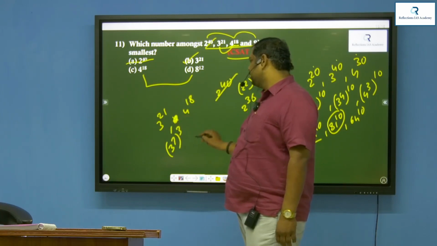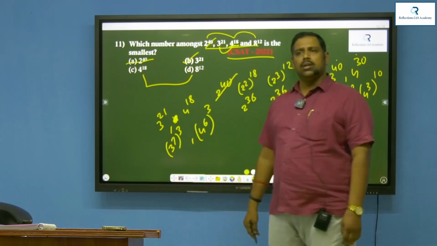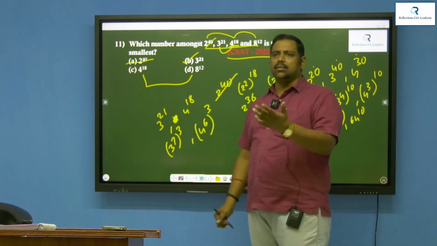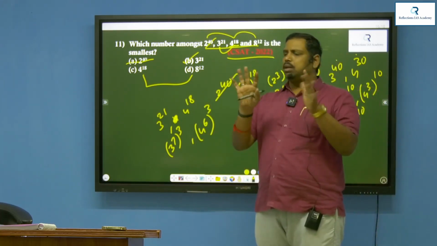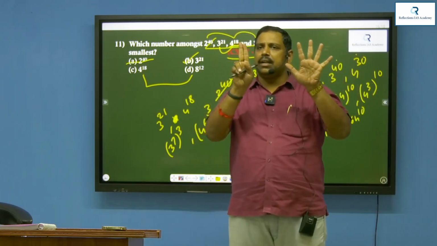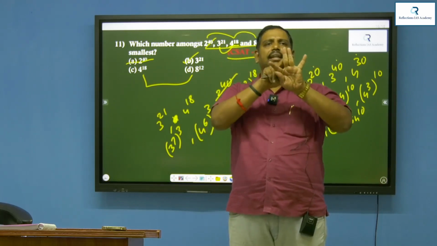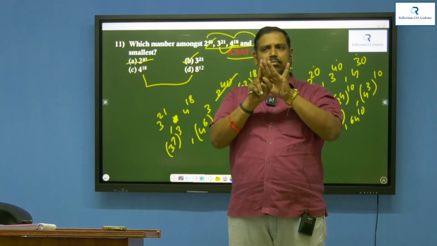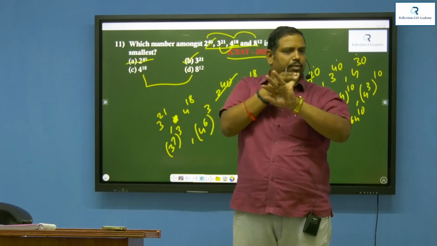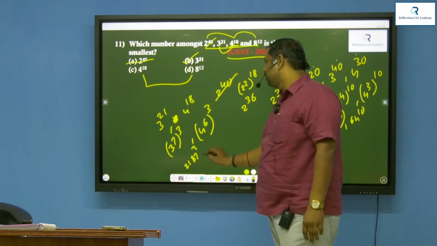The next one is 4 power 6 whole cube. 3 power 7 we can calculate. 3 square is 9, 9 cube is 729, 729 into 3 is 2187. So 2187 power 3.